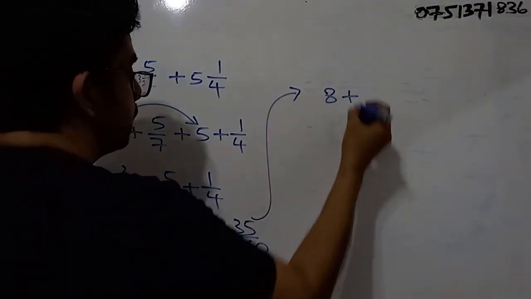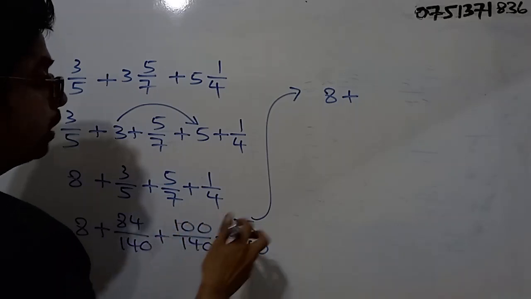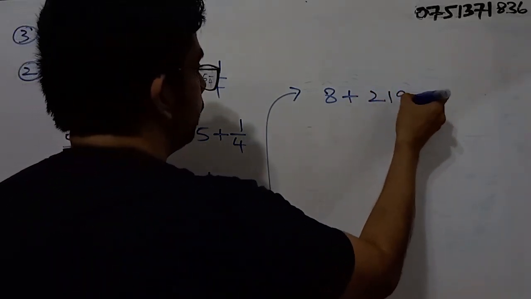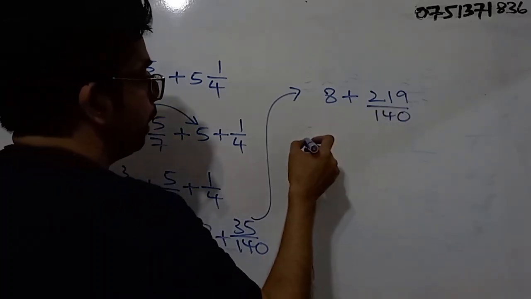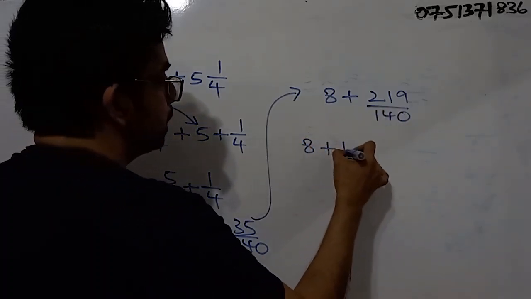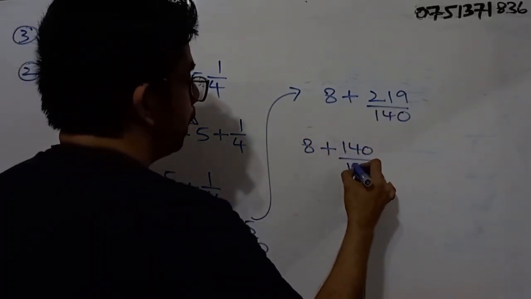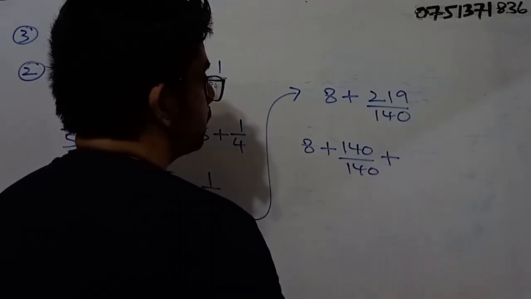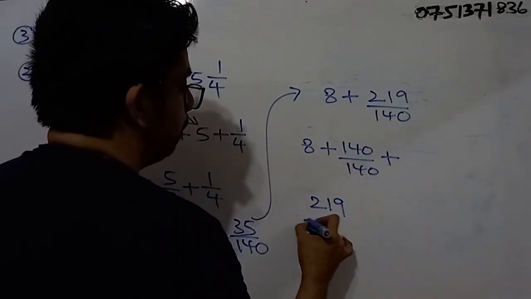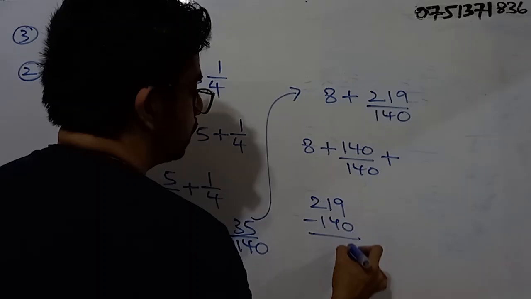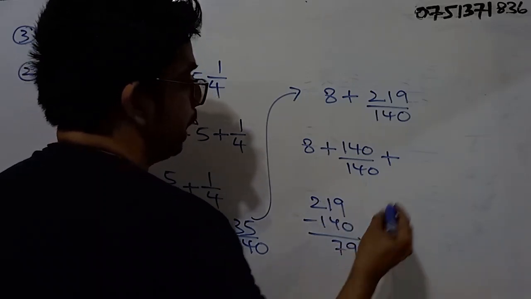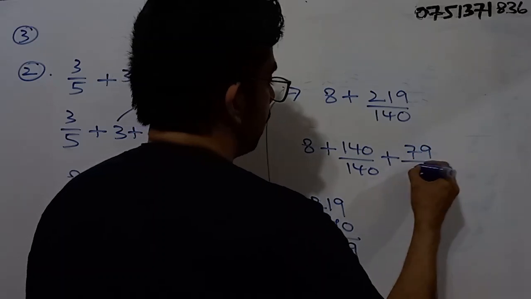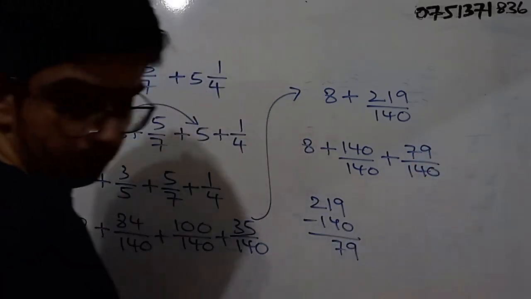So 8 plus, when we add these numerators together, we get what? 219. So the denominator will be what? 140. Now I can rewrite this as what? 8 plus 140 by 140 plus 219 minus 140. So 79. So we will be getting 79 by 140.